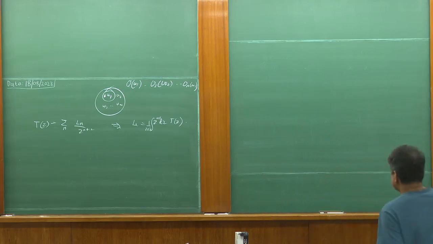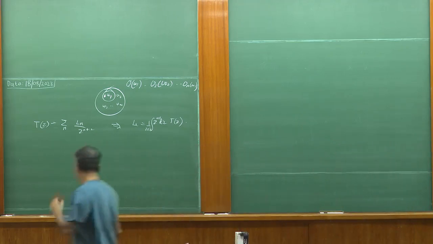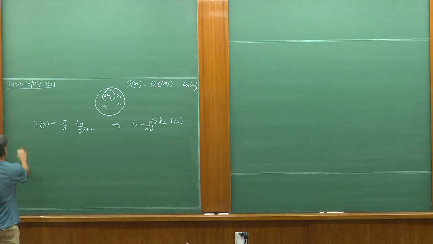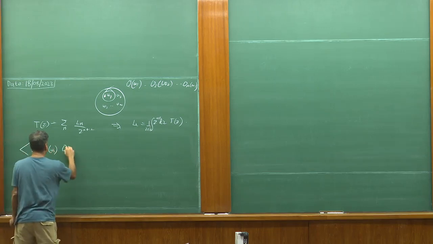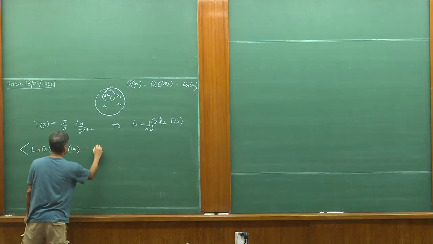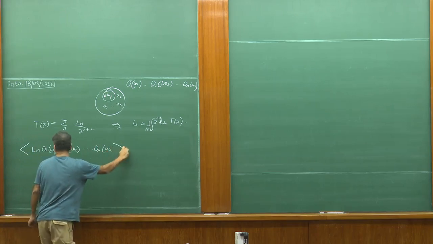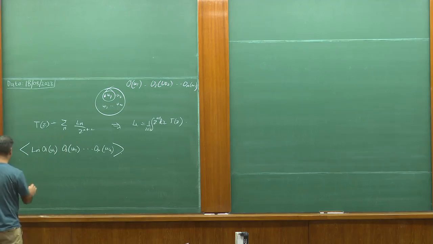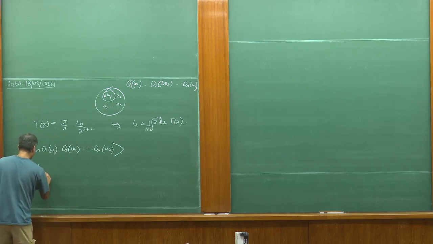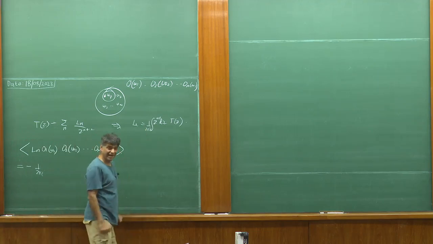So what we just said in words is the following equation. Ln on O1 of omega 1, O2 of omega 2, On of omega n. This correlation function equals, there's a minus sign because it's clockwise. There is 1 over 2 pi i because of this 1 over 2 pi i.